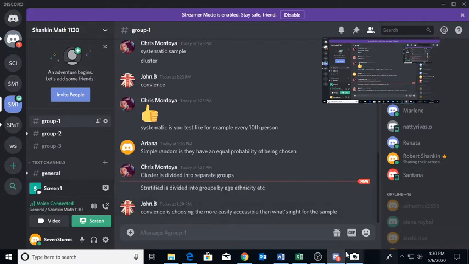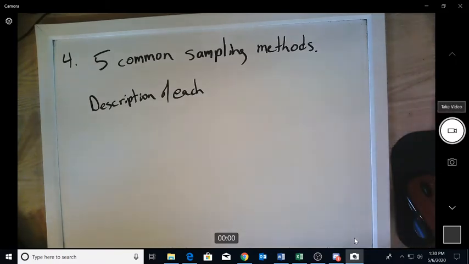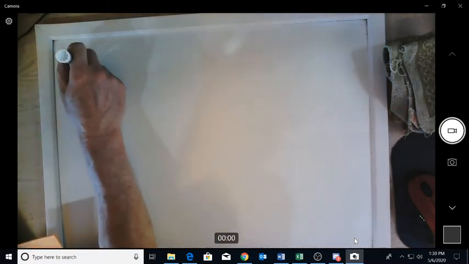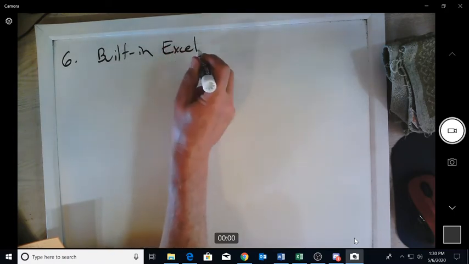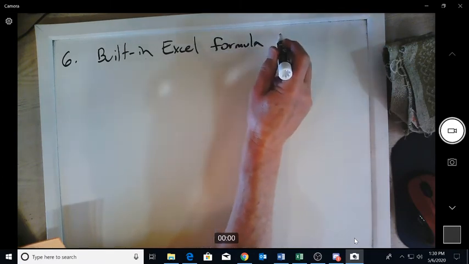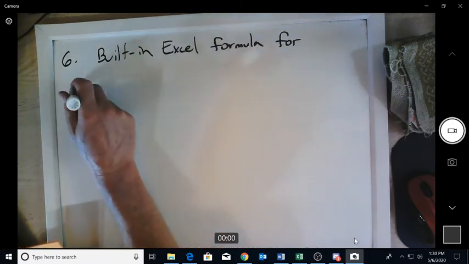Let's go to the next one. Number 6. What's the built-in Excel function formula for two situations?